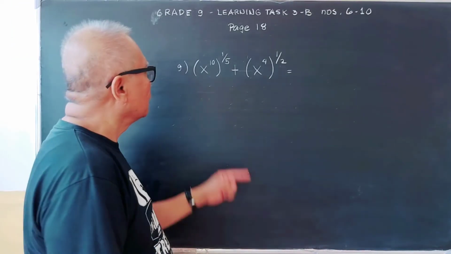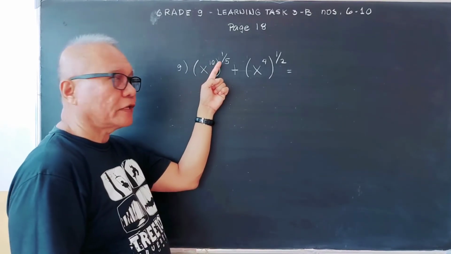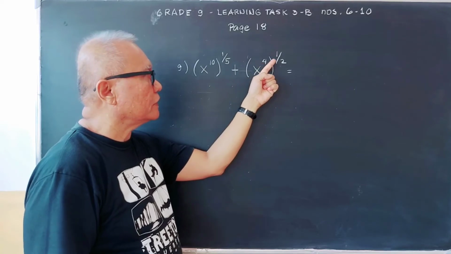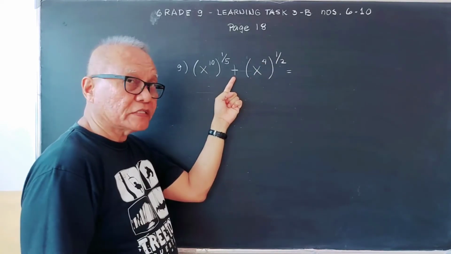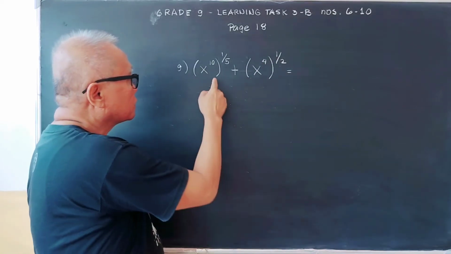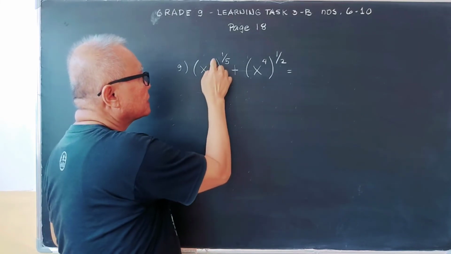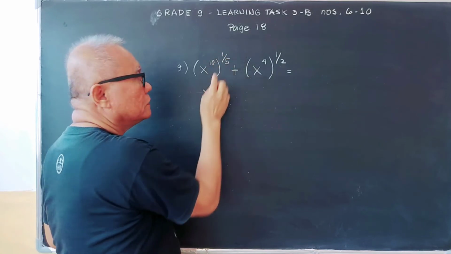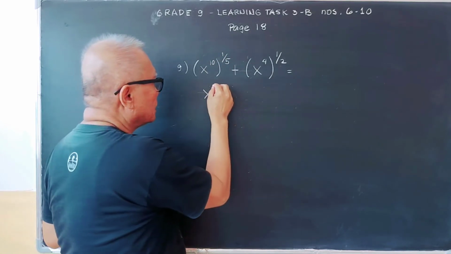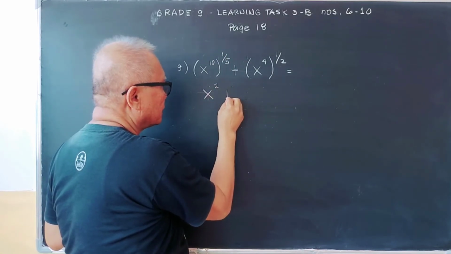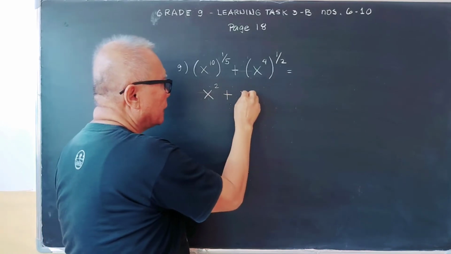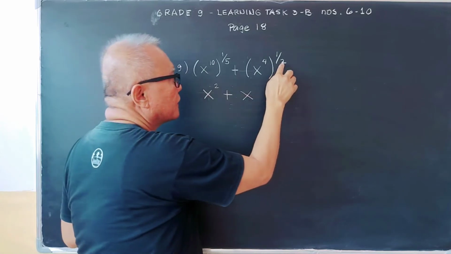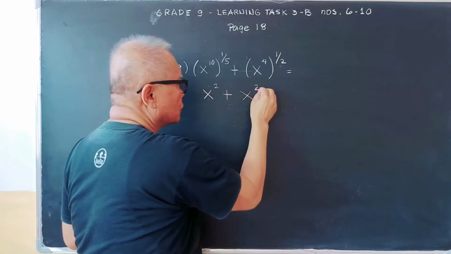Number 9, we have x to the 10th raised to the 1/5 plus x to the 4th raised to the 1/2. So, this one is addition. Dito, distribute na natin 10 times 1/5. So, ito ay 10 over 5 is x squared, plus x again. 4 times 1 is 4, divided by 2 is 2.